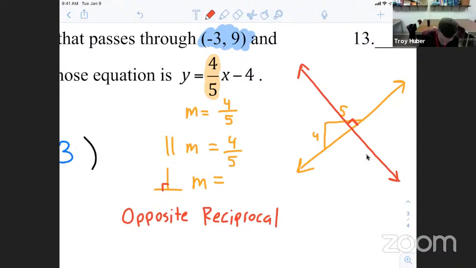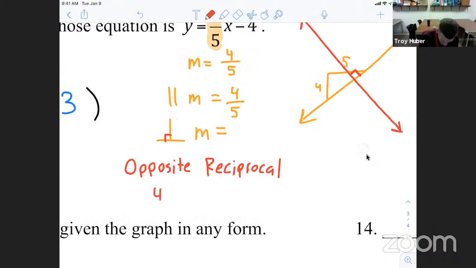So here's what happens. It was 4/5. So now the perpendicular slope is the opposite. So see how this is positive? Now it's negative. And then the reciprocal means that we flip-flop our numerator and our denominator. So 5 is now your numerator and 4 is now your denominator. So you have to do almost like a double swap.